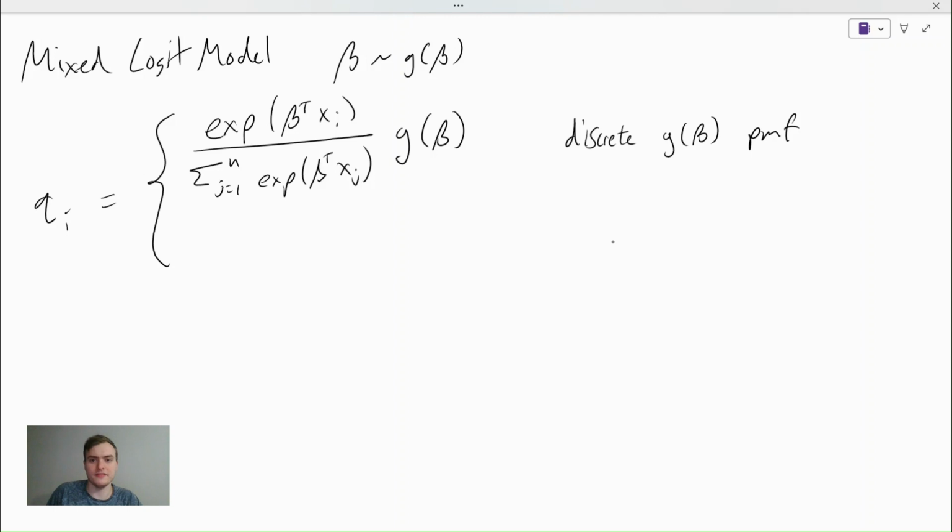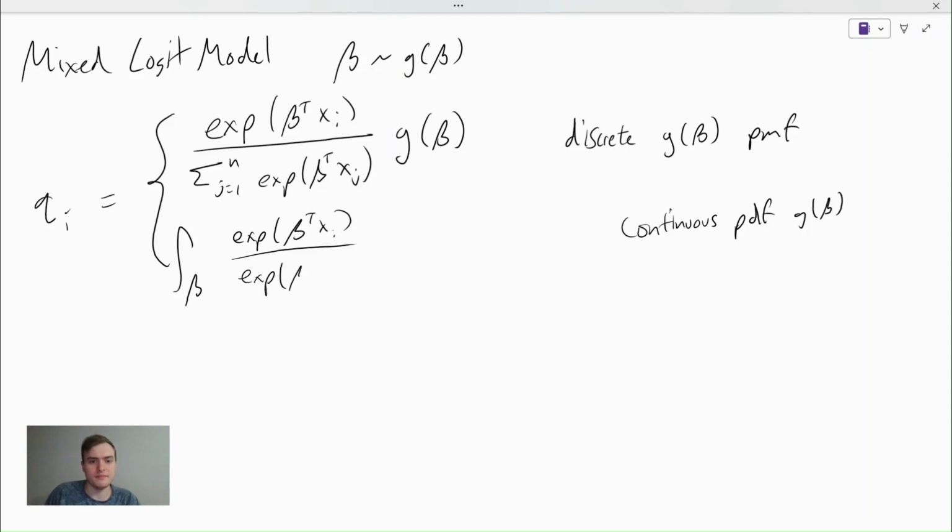Which we call a PMF, right? In our other case, it's going to be a continuous PDF g of beta, and there we're going to integrate over all beta of exp beta transpose x_i over the sum from j equals 1 to n of exp beta transpose x_j, like all the alternatives, times g of beta d beta.